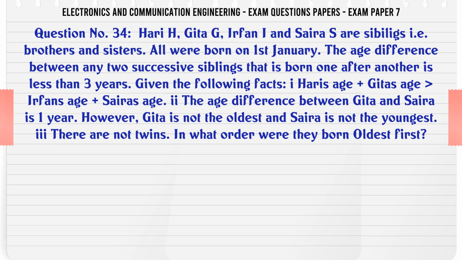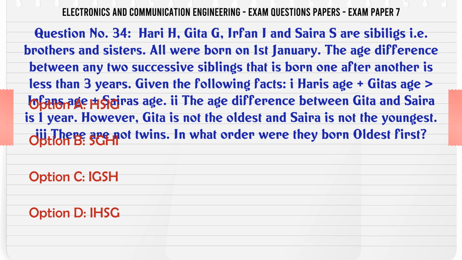Hari (H), Gita (G), Irfan (I) and Saira (S) are siblings, that is, brothers and sisters. All were born on 1st January. The age difference between any two successive siblings born one after another is less than 3 years. Given the following facts: 1. Hari's age, Gita's age, Irfan's age, Saira's age. 2.